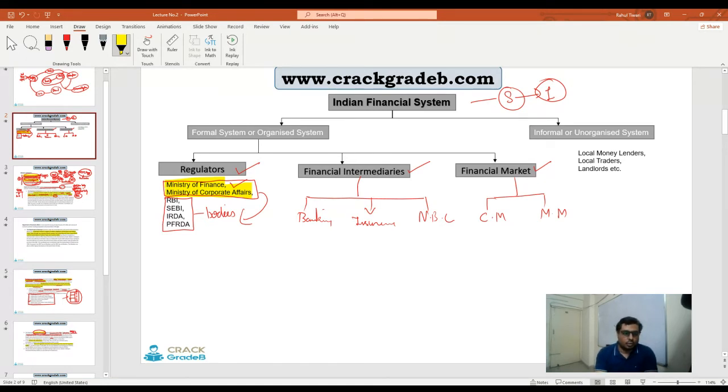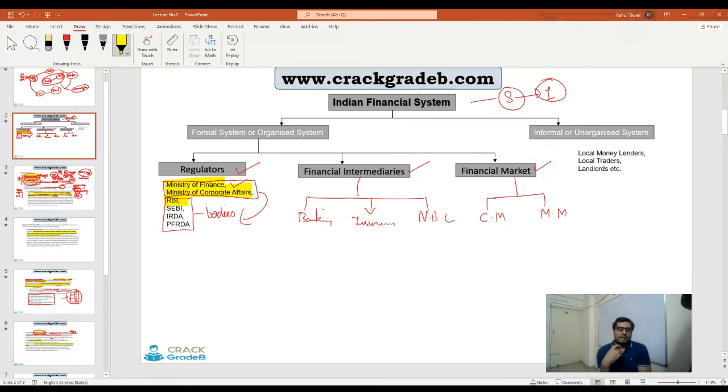Okay, now we have to move to the most important element of our financial system, that is RBI. Again, I'm emphasizing, the most important element of our financial system.